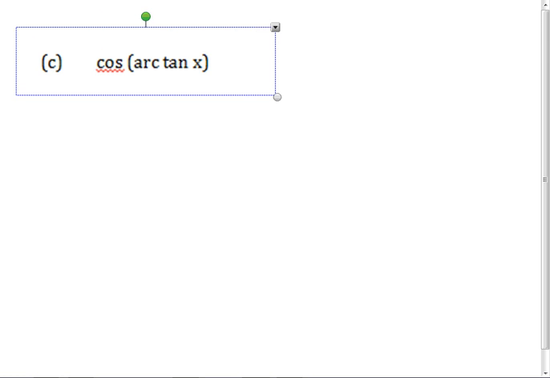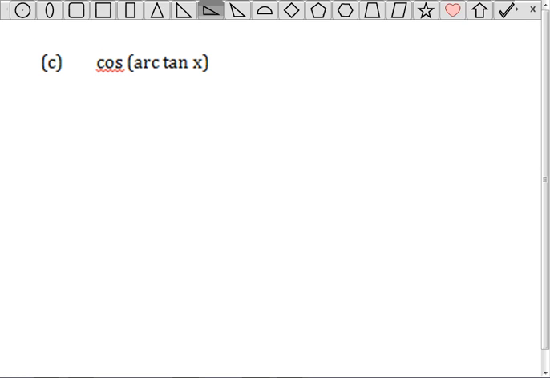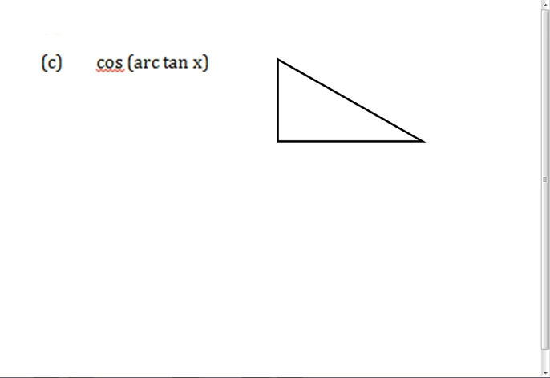Cosine of the arctangent of x, because we're going to run into these. Okay, what's this one going to be? Jeremy, can you rewrite this? I don't like the way it's written. This is an angle. X. And what's that fraction? X over 1.